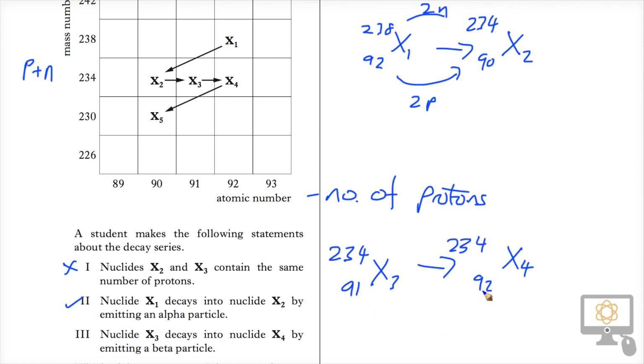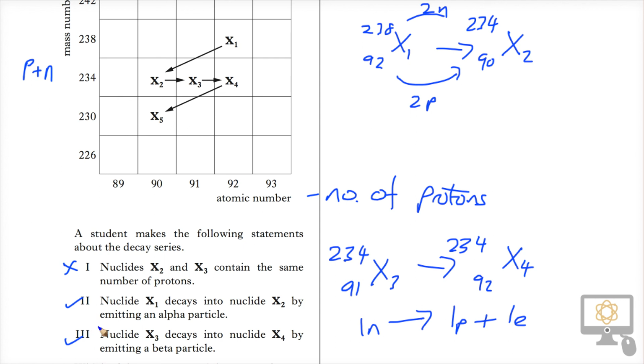So the atomic number increases by 1, so there's 1 more proton in the nucleus, but there are no more neutrons. In fact, there has to be 1 less neutron for that to take place. So effectively 1 neutron turns into 1 proton and 1 electron is emitted. That electron is emitted from the nucleus, which means this is beta decay. So statement 3 is also correct.